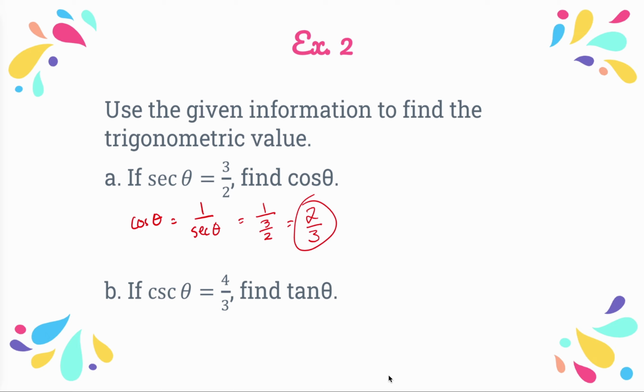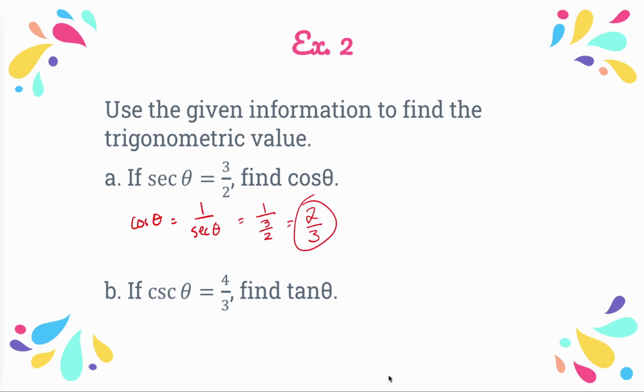If cosecant theta equals 4/3, find tangent theta. We don't have an identity that relates cosecant and tangent. There's a couple of things that we can do here.